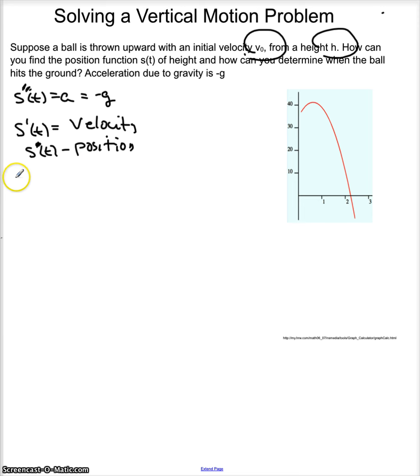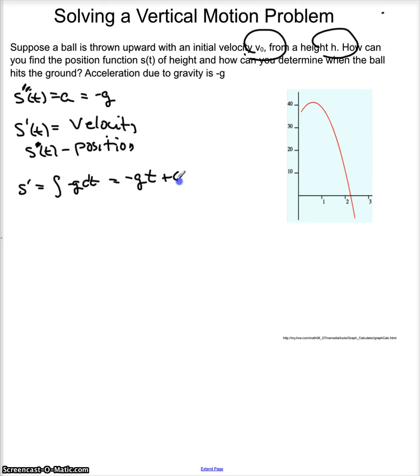So, if s double prime is a, then s prime is the integral of minus g dt. So when I integrate this, what do I get? I get this is minus gt plus a constant.